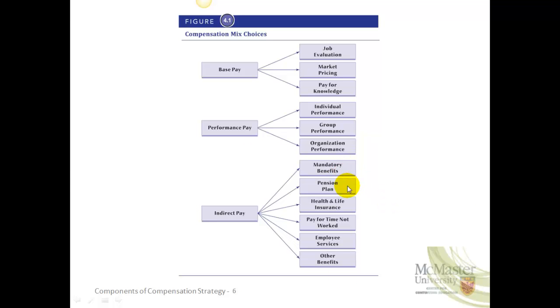Then a pension plan, if you're a part of it, whether it's defined benefit or defined contribution, your healthcare benefits, vacation, employee services such as EAP programs, and maybe some other benefits. Flex time might be one, working from home, telecommuting, those kinds of things that you might have as a perk from your employer, maybe fitness memberships at gyms.